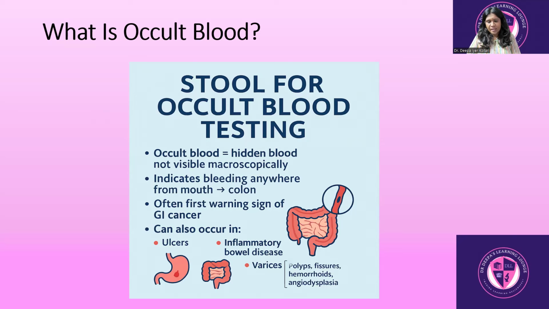It is clinically important because occult bleeding is often the first warning sign of something as serious as a GI malignancy, but it can also originate from other benign conditions like peptic ulcers, inflammatory bowel diseases, polyps, hemorrhoids, fissures, and angiodysplasia. However, since it is associated with a malignant status as well, it is very important that, especially in the elderly, the stool for occult blood testing is recommended at least once in 6 months for any regular person.